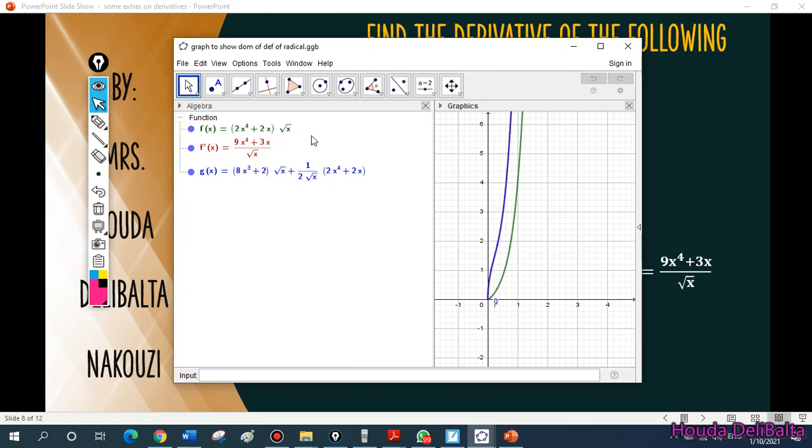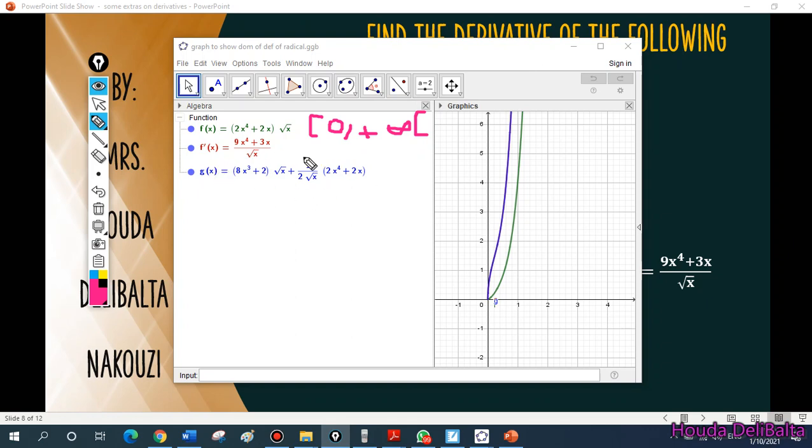Now that is for f of x, the green one. As you see, it is defined at 0. It starts here. So as I told you, the domain of definition was from 0 till plus infinity, and it was defined at 0. That's why we closed the interval at 0.